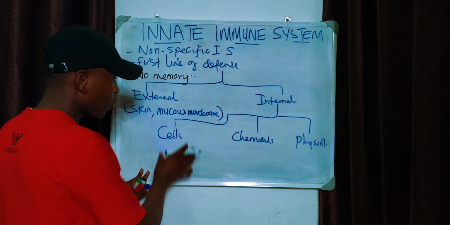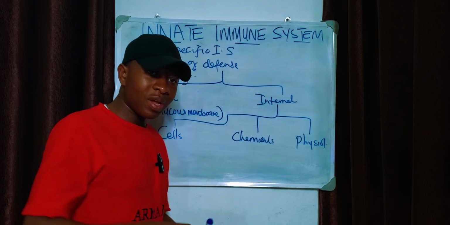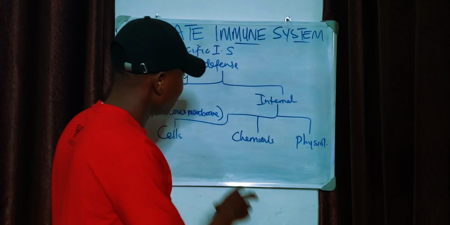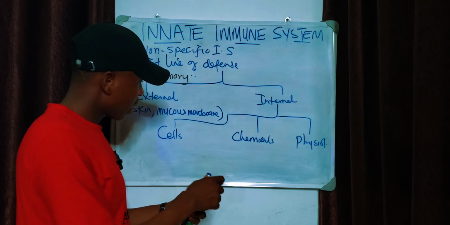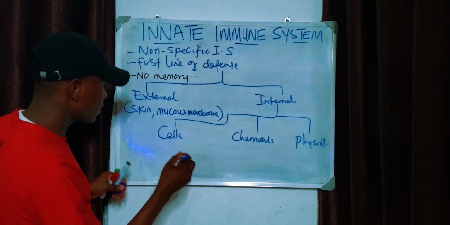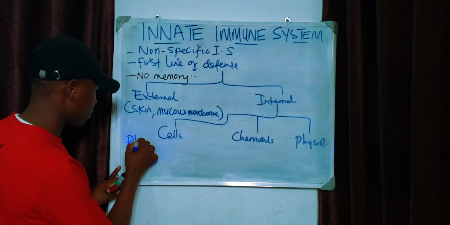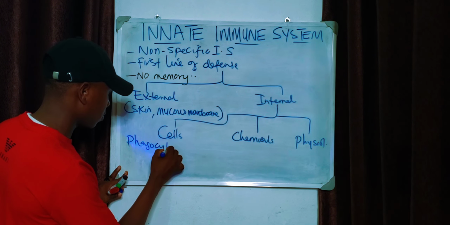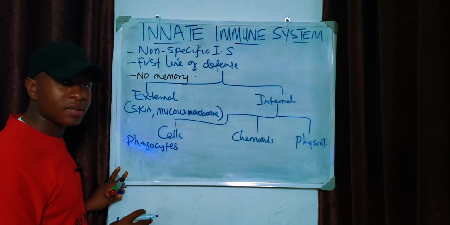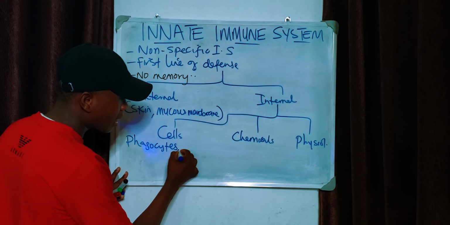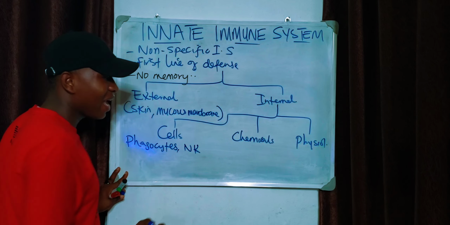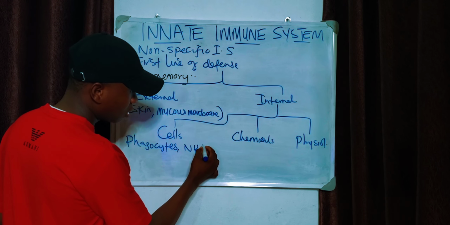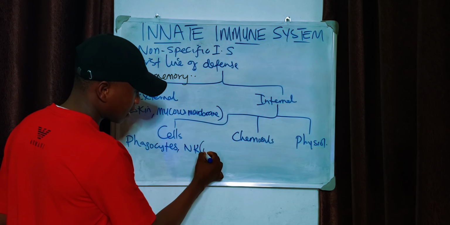Under the cells, there are different types of cells in the innate system. We have the phagocytes and the natural killers, the ones we call NK cells. So they are called natural killers.